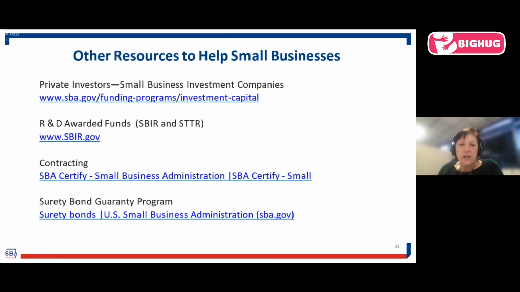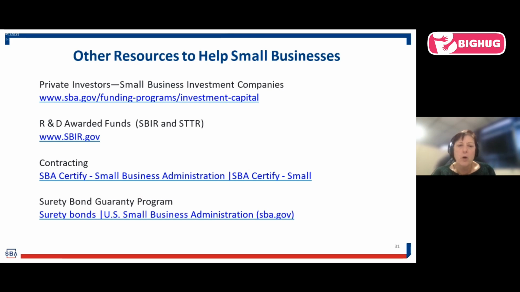Other resources we have that are related to the SBA are our small business investment companies. If you're not product ready or service ready, they may be a good resource for you. And then we do have our competitive grant programs for businesses that do primarily research and development, whether it's a product or technology.